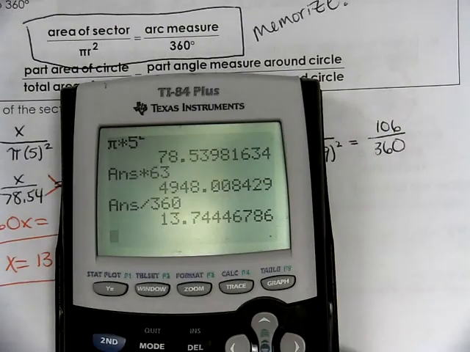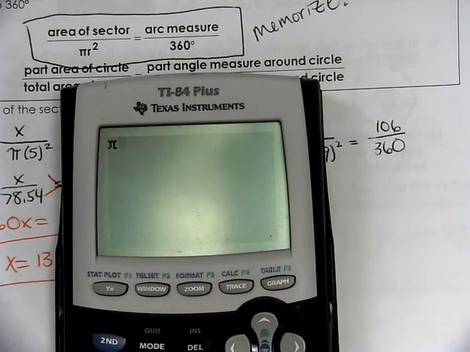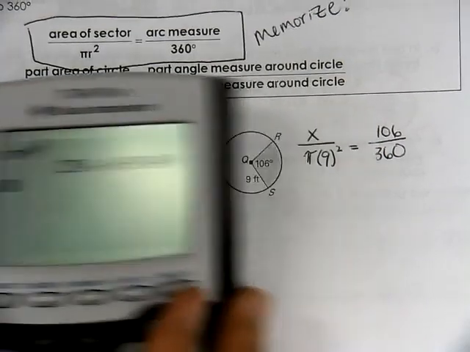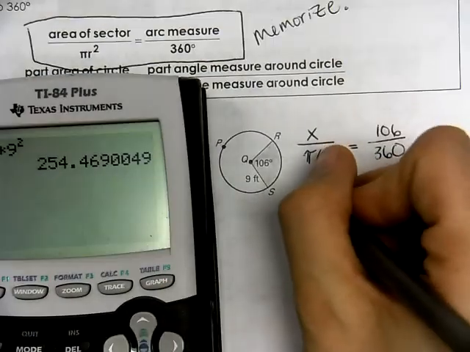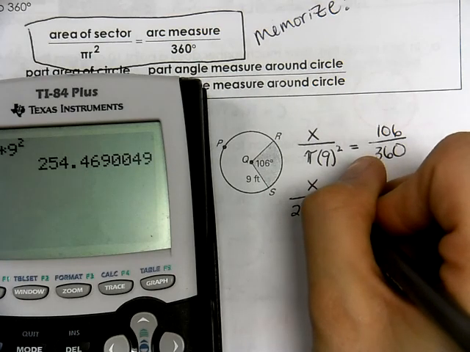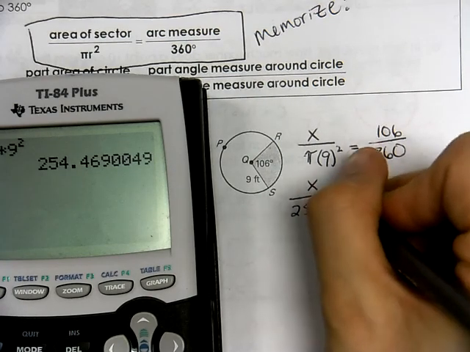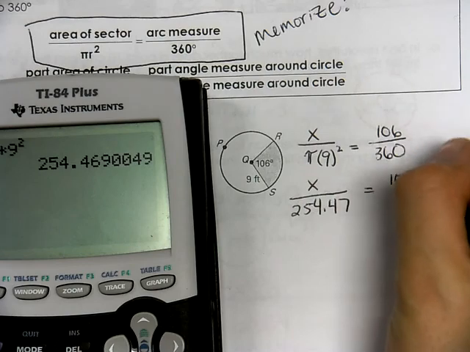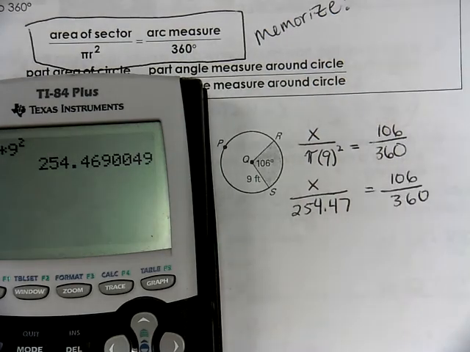So I'm going to do pi times 9 squared first. So X over 254.47 equals 106 over 360.